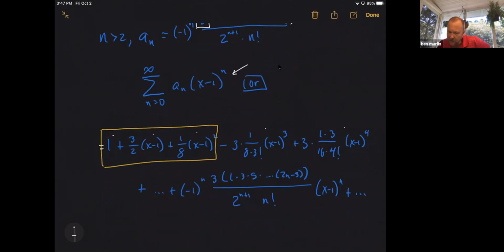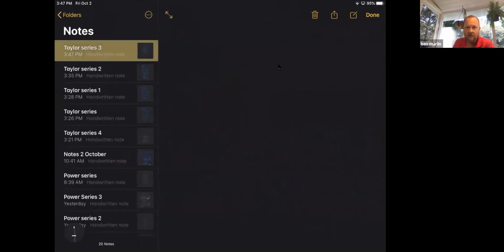And then I put a plus dot dot dot plus, and then I wrote out the formula for the nth term. And then a plus dot dot dot at the end. Remember that plus dot dot dot at the end, that actually says it's an infinite series. If you're truncating it, then you would have some place that it stopped at. And so, for instance, the S sub n, the partial sums that we get, would be there with an ending and not a plus dot dot dot on them.